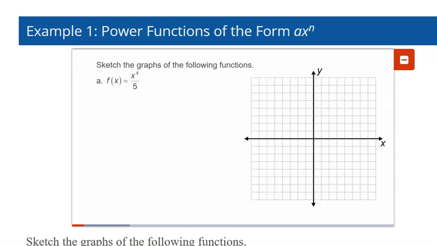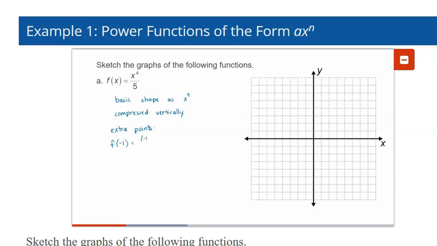Part A, f of x equals x to the fourth over 5. This function will have the same basic shape as x to the fourth, but it will be compressed vertically because of the 1/5 factor. So to graph this, we evaluate at a couple extra points. So first, let's evaluate at x equals -1.